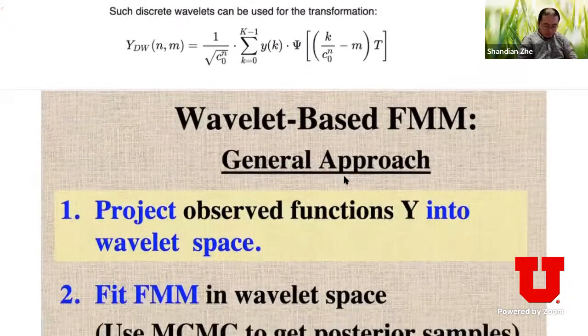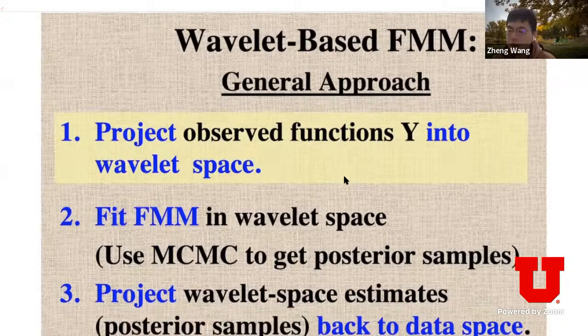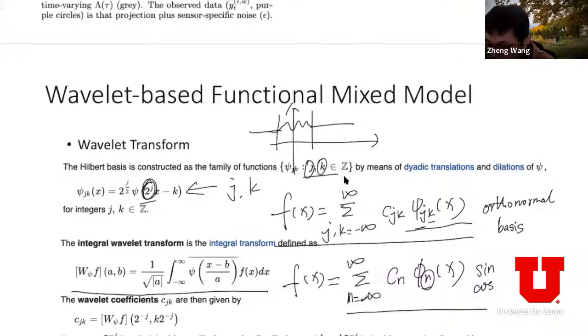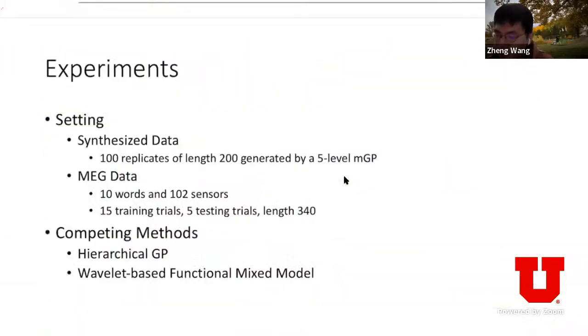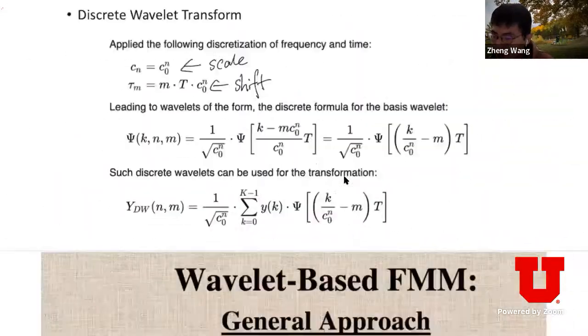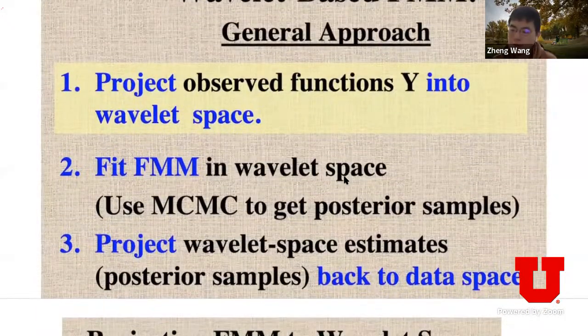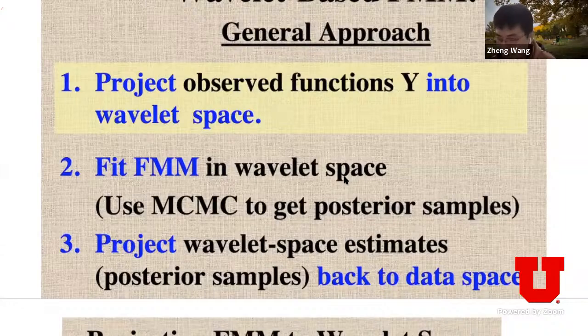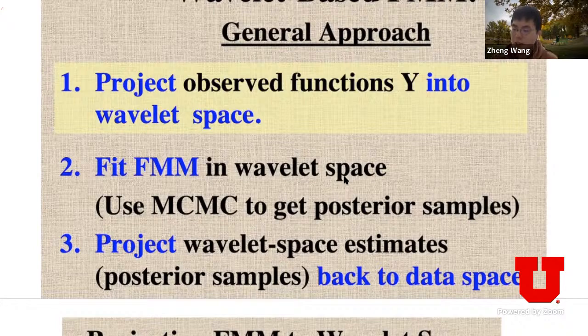And here is the wavelet based functional mixed model. I don't remember the name exactly. They first project the observations into wavelet space and fit the data using Bayesian methods like posterior MCMC to get posterior samples, and then project the wavelet estimates back into the original data space.